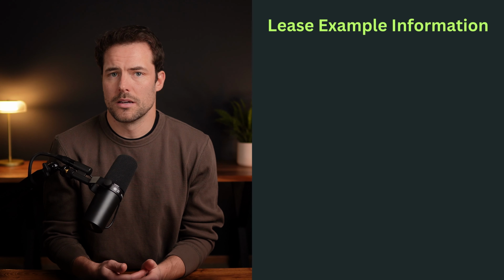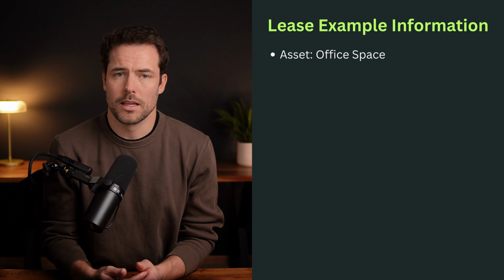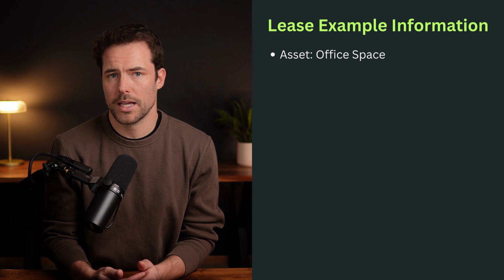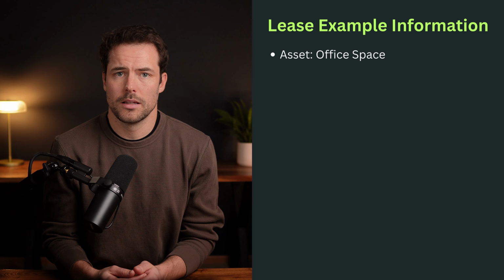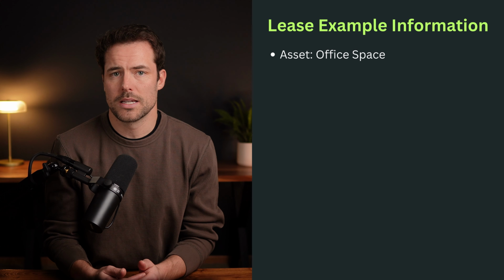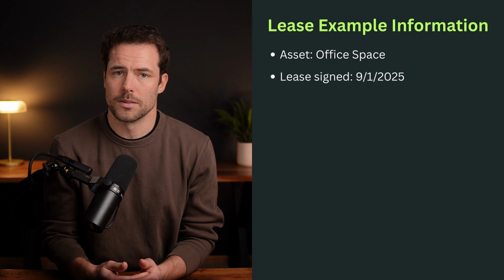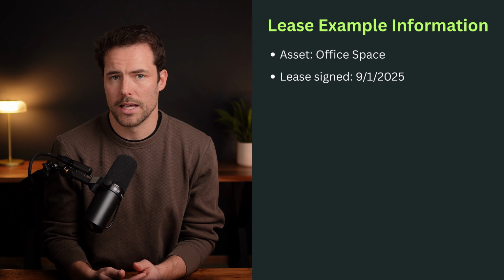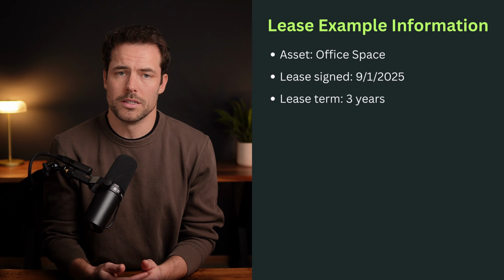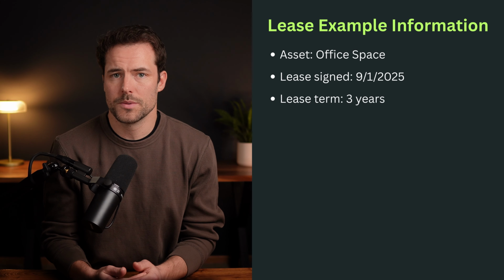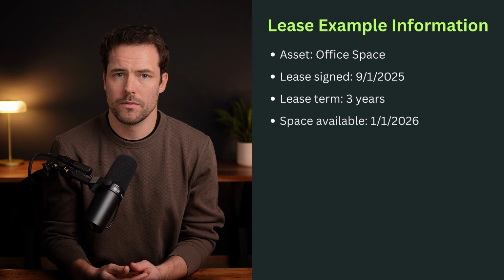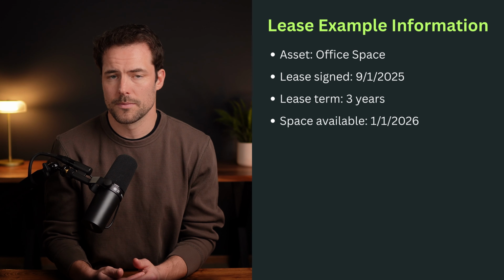Assume we leased some office space and we used a third-party broker to help us find it. The broker located a suitable location and we signed a lease with the landlord on September 1st, 2025. The lease term is 3 years and the space becomes available to us on January 1st, 2026.